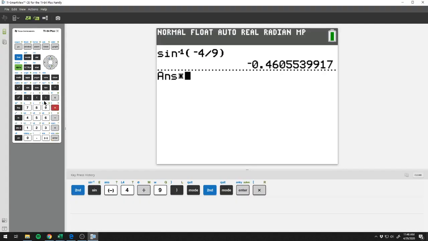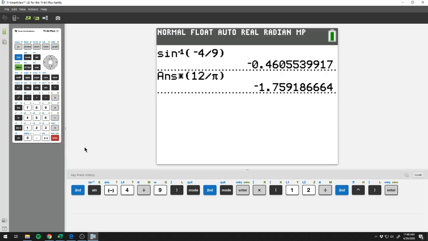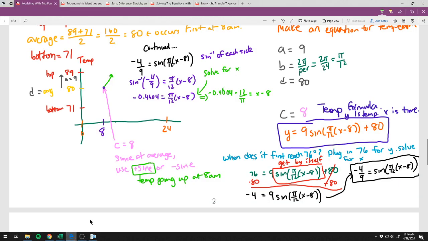Okay, so we can multiply this by 12 divided by pi. And we get -1.7592, and that equals x minus 8, because all we did was multiply this out.